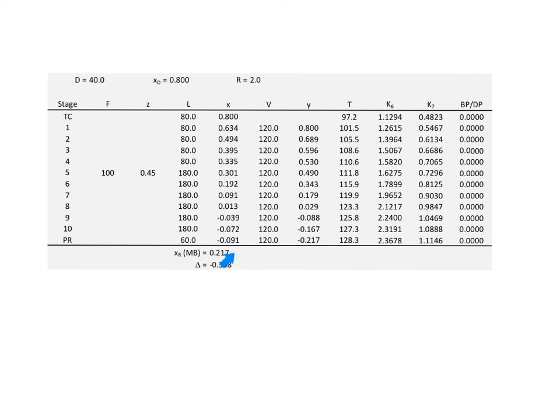And so what we've got to do is come down here and look at the mole fraction that we would get from an overall mole balance. It's 0.217. If we have a distillate flow rate of 40 and a distillate composition of 0.8, then we know that the bottom's flow rate must be 60, which leaves only one unknown in the overall material balance, and that would be XB.